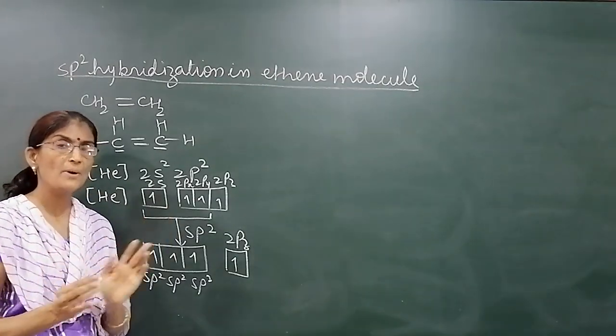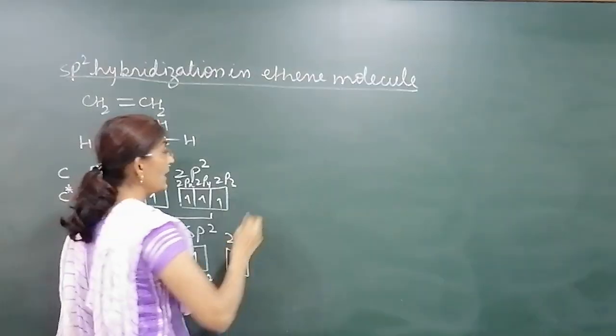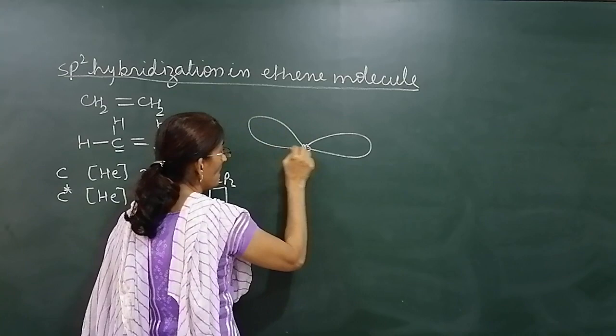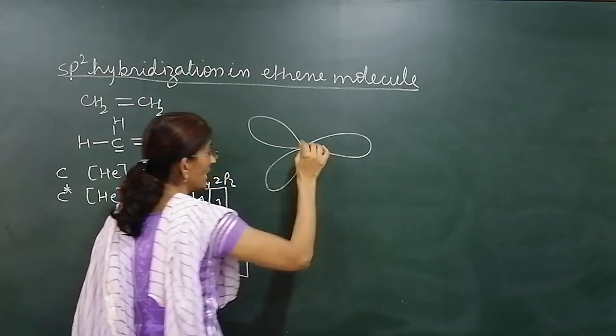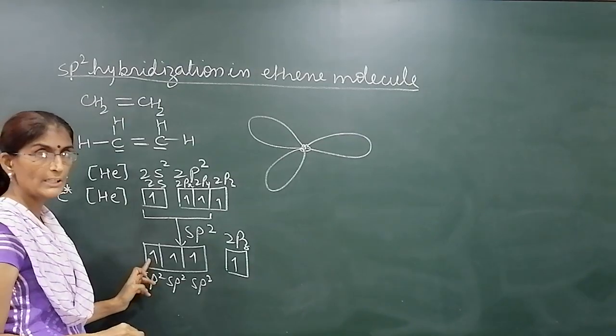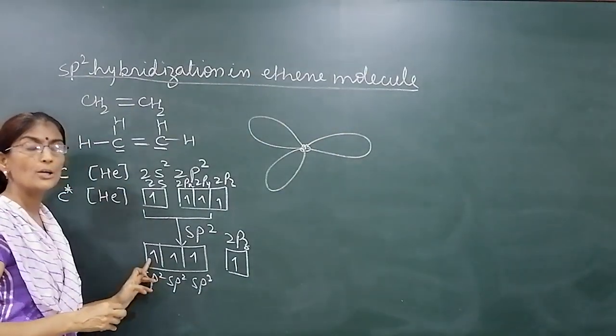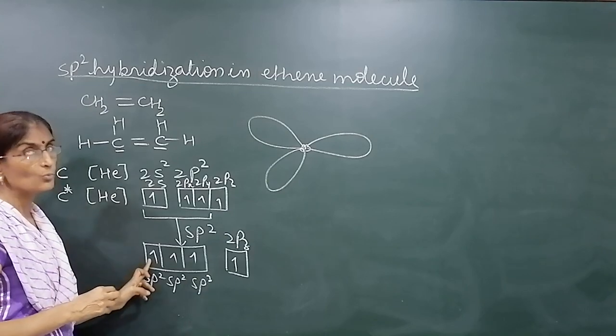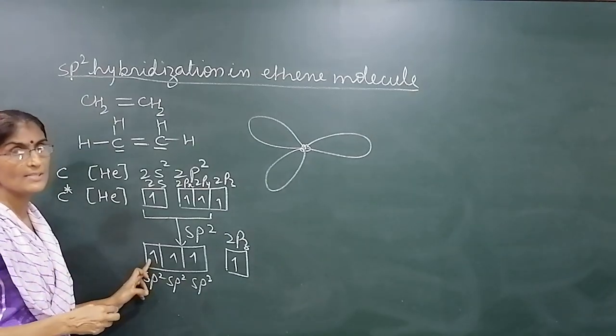How do these 4 orbitals get arranged? 3 hybrid orbitals arranged at an angle of 120 degree, making the shape planar triangular. These 3 hybrid orbitals, clear? They will arrange at an angle of 120 degree and bond angle is 120 degree among themselves.